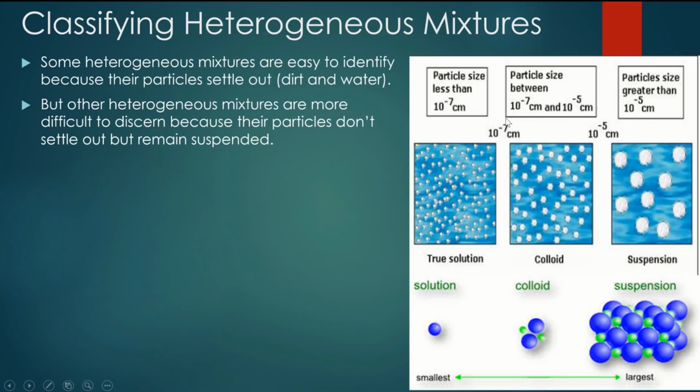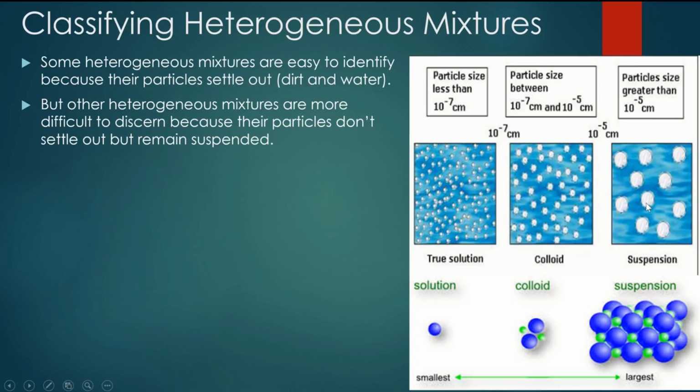Colloids are a little bit bigger, so between 10 to the negative 7th centimeters and 10 to the negative 5th centimeters, we have colloids. Particles are in that size range, and oftentimes it may not necessarily be a larger atom. It could be, I suppose, but not necessarily a larger atom, but an atom or a group of atoms that doesn't completely dissolve, which you see here in the image of a colloid.